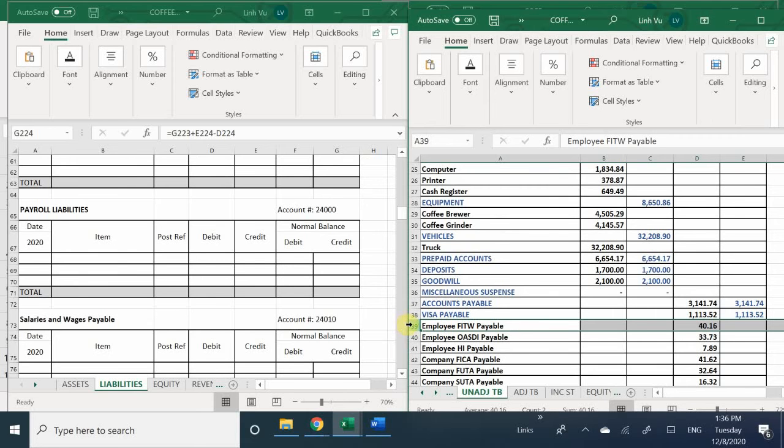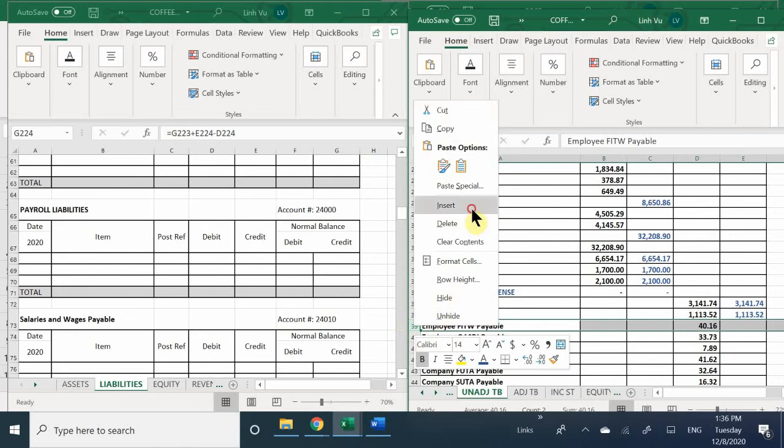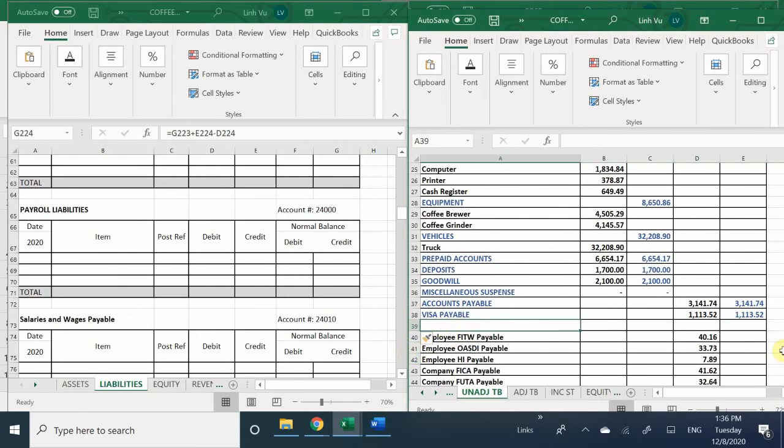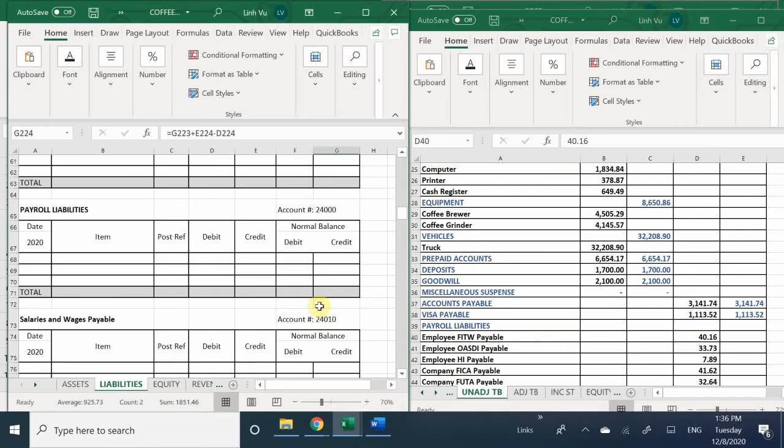Undo, I deleted that by accident. So insert. Okay, capitals: payroll liabilities. Okay, so let's go ahead and go through each one and then go from there.